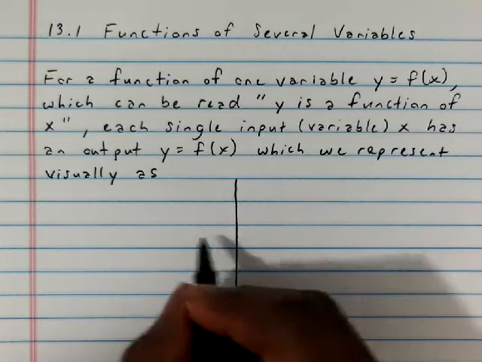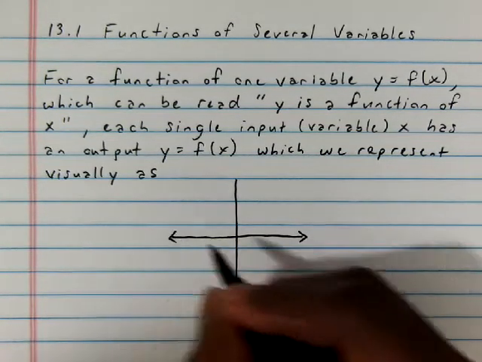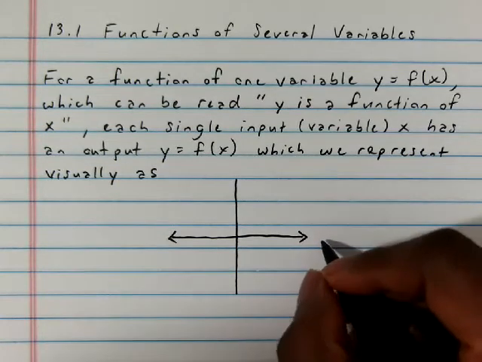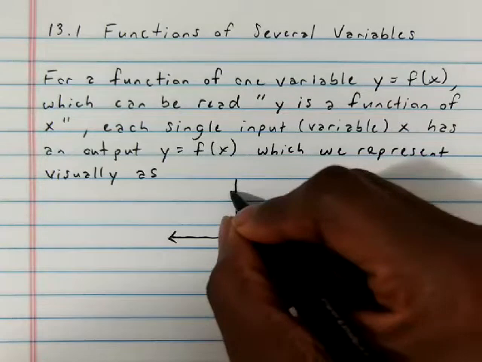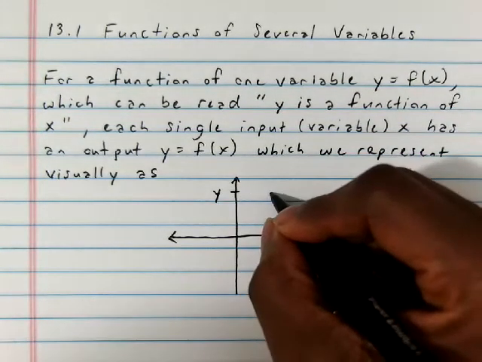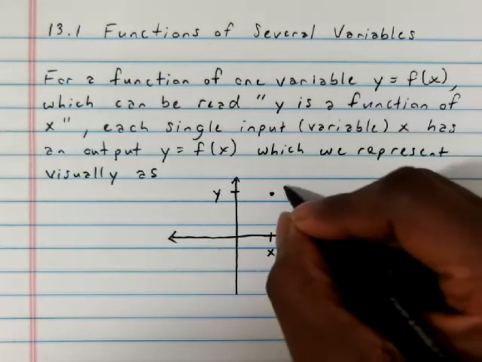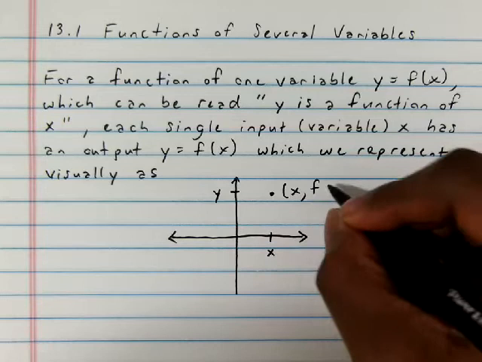so we would just have this in 2 dimensions. So we have some x, some y, and then we have the point x comma y, where y is f of x.